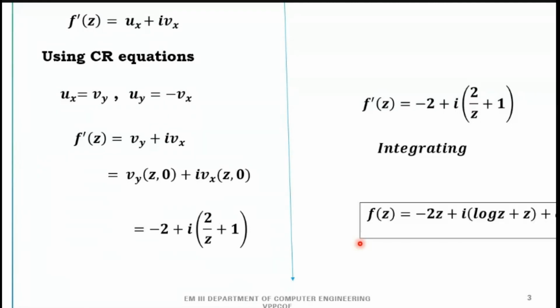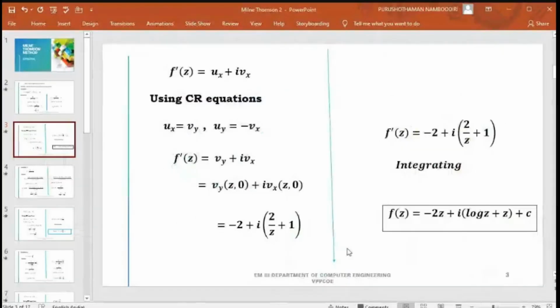So integrating, I will get the answer as minus 2z plus i into 2 log z plus z, plus c.